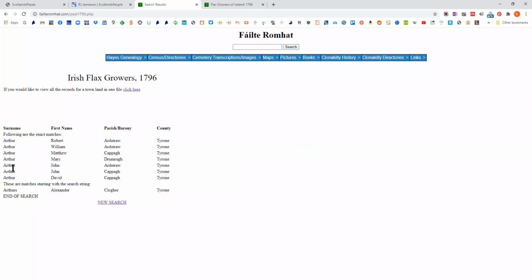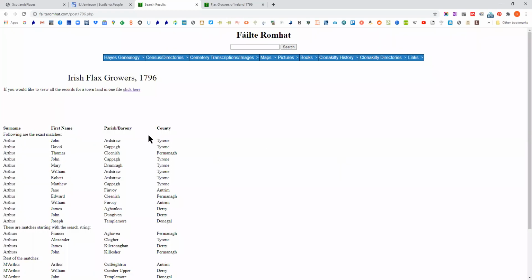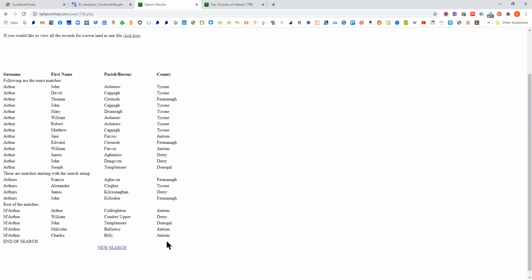And again, this may or may not really be good information, but one of the other things that's really nice is you can start to search, like if we search Ulster, which is the northern counties, you can begin to see where this name was common.